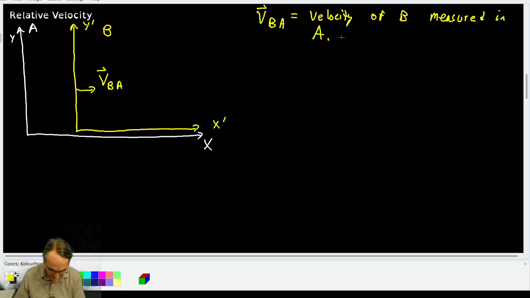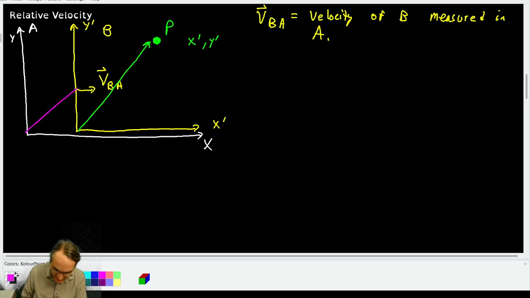All right, where things get interesting is when we have a particle and the two observers are trying to talk about the location of the particle. So in B, they'd be saying that this particle is located at a point that depends on x prime and y prime, so it would be at x prime, y prime.